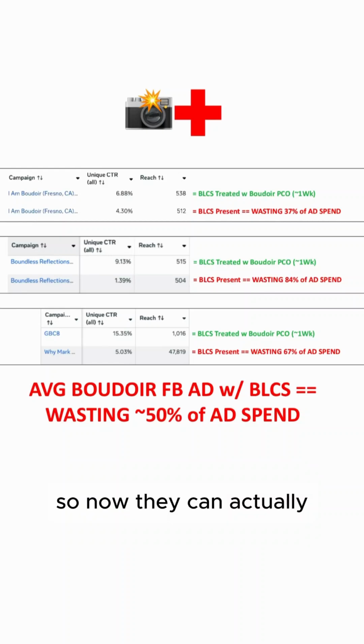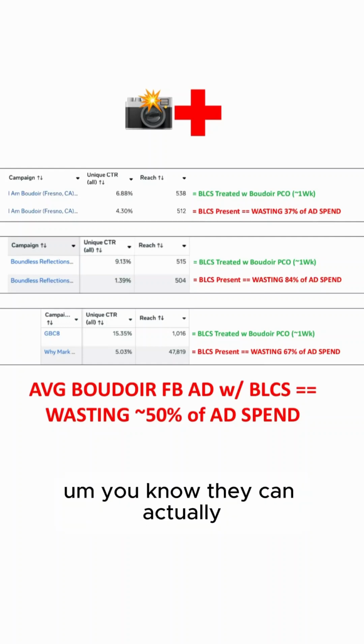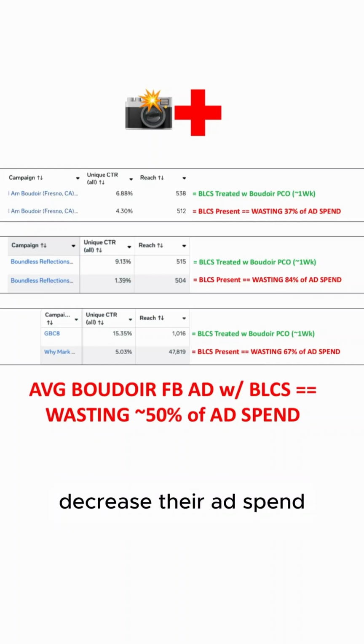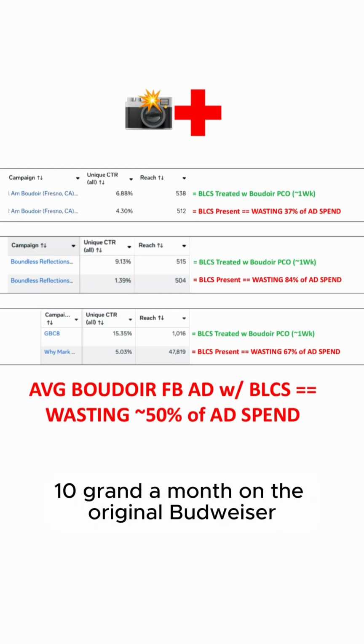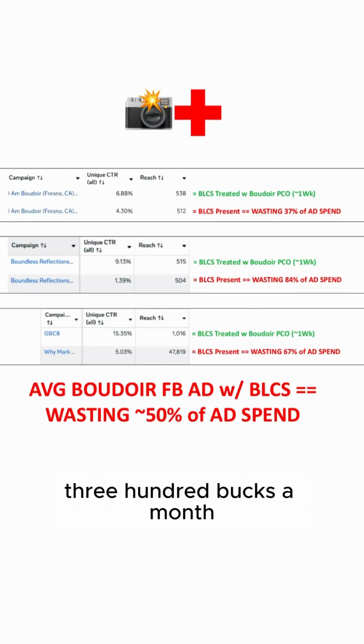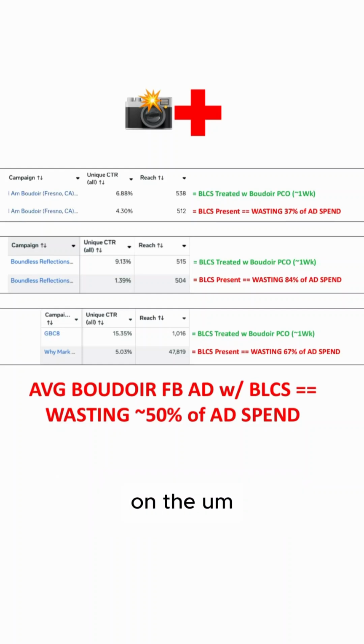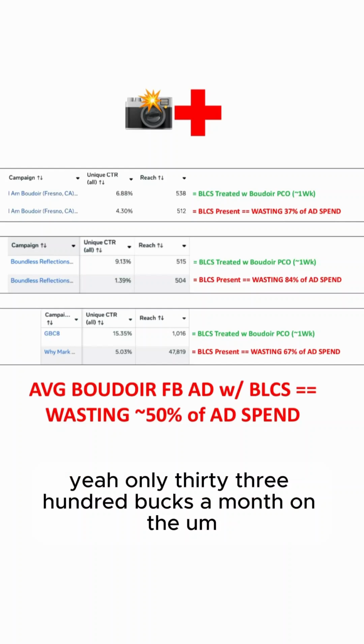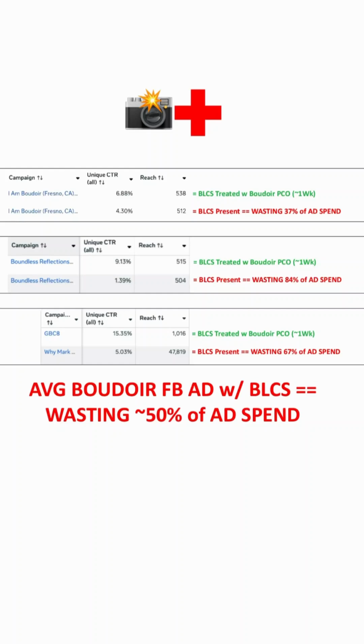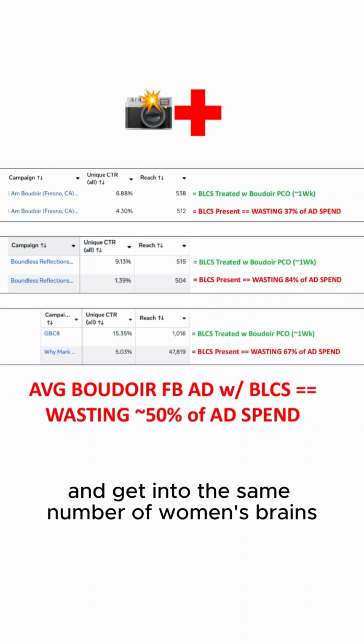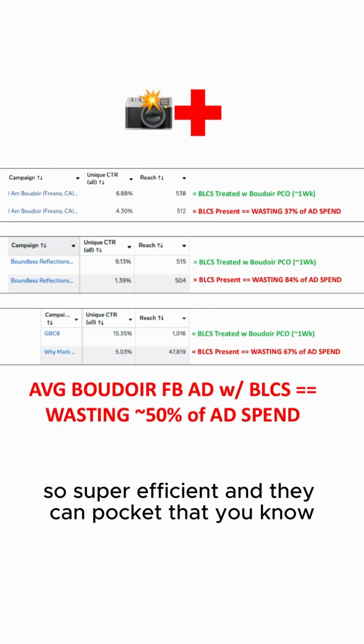So now they can actually decrease their ad spend. If they spend 10 grand a month on the original Boudoir Facebook ad, they only need to spend 3,300 bucks a month on the Boudoir Pico treated ad and get into the same number of women's brains. So super efficient, and they can pocket that.